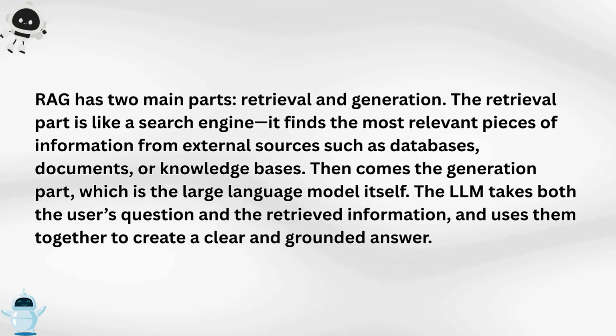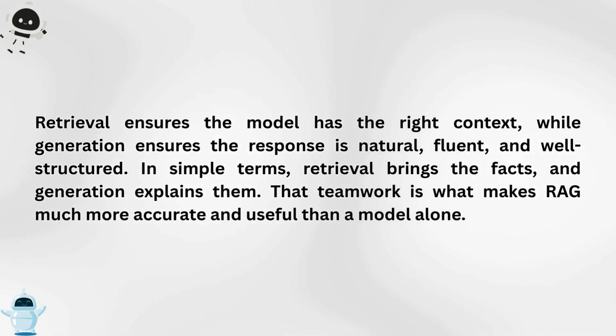The LLM takes both the user's question and the retrieved information and uses them together to create a clear and grounded answer. Retrieval ensures the model has the right context, while generation ensures the response is natural, fluent, and well-structured. In simple terms, retrieval brings the facts and generation explains them. That teamwork is what makes RAG much more accurate and useful than a model alone.